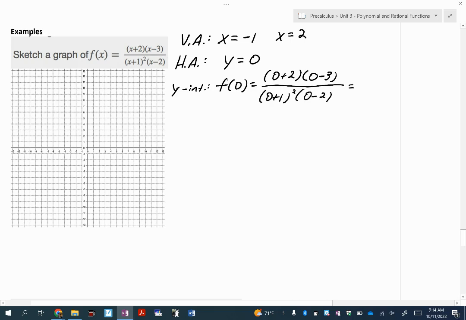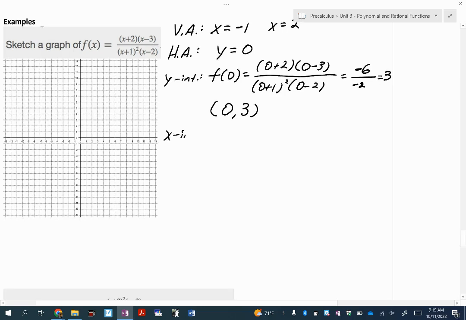All right, so we get 2 times -3, which is -6. 0 plus 1 is 1 squared is 1. 1 times -2 is -2, so you get 3. So your y-intercept is 0, 3. Again, finding those x-intercepts, if they give it to you like this where it's fully factored, it's pretty straightforward. Whatever makes your numerator 0, which is -2, 0, and +3, 0.